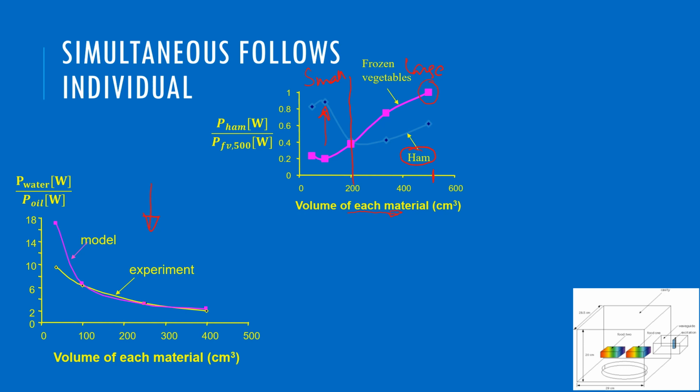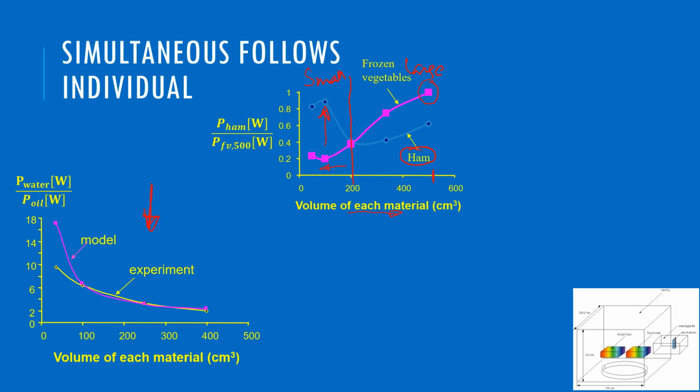So in the smaller volume range, it is totally consistent with the previous figure: the ratio between what is absorbed in the high loss material and the low loss material is more than 1, and the ratio increases as the volume gets smaller in this direction. This has been reported experimentally as well.